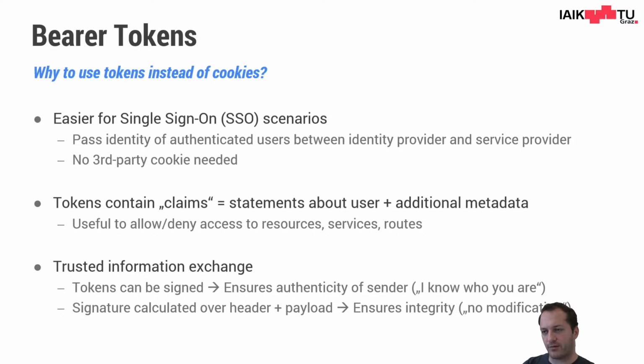So you can make statements about a user plus additional metadata, and this is then known as a claim. And these tokens can also be signed, which is why they're usually known as JSON Web Tokens, or JSON Web Signature if they have a signature. And this means, by signing them as a server, you can testify that you issued them and they were not artificially crafted, nobody played around with that, and you know exactly the data that's in there.